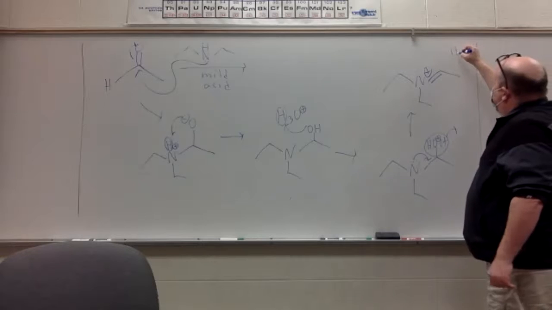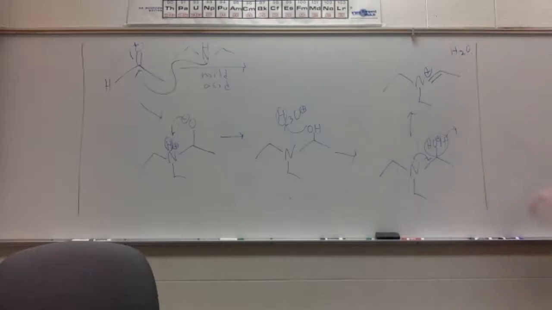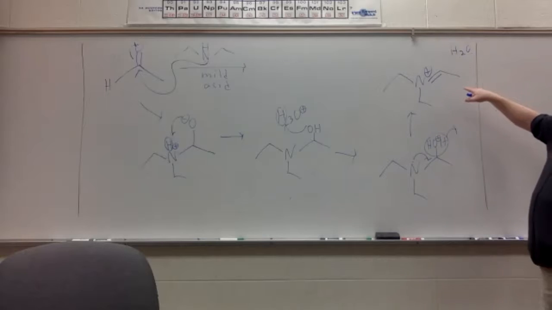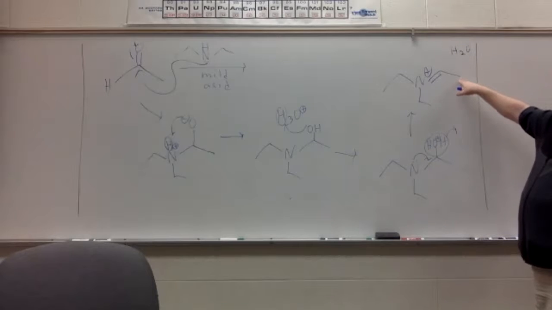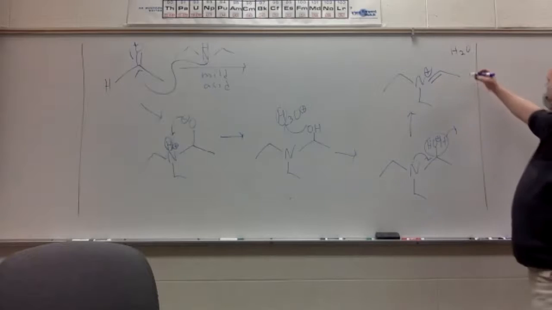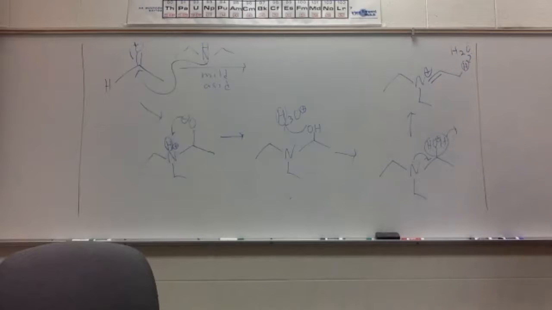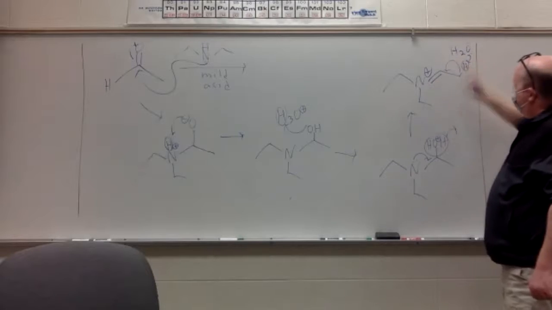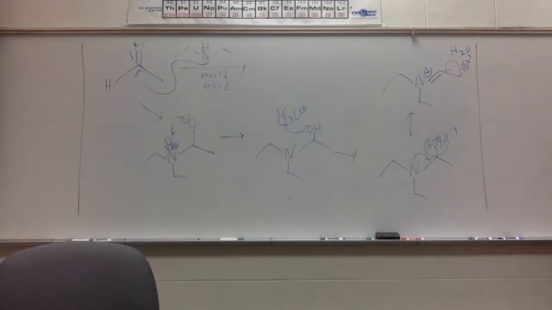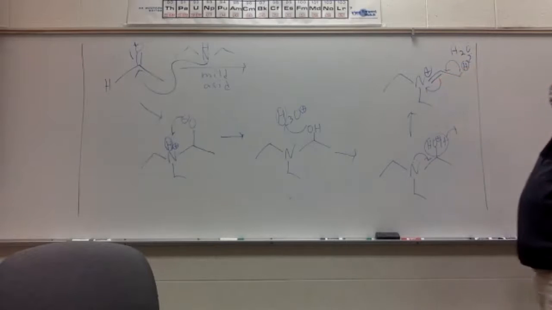Water still comes in and acts as a base, but instead of deprotonating the nitrogen, it's going to deprotonate this carbon, the one that's directly adjacent to your nitrogen-carbon double bond. So it's going to take an H from here. These electrons will hop over there to form a double bond. And this pair of electrons will hop back over to nitrogen.